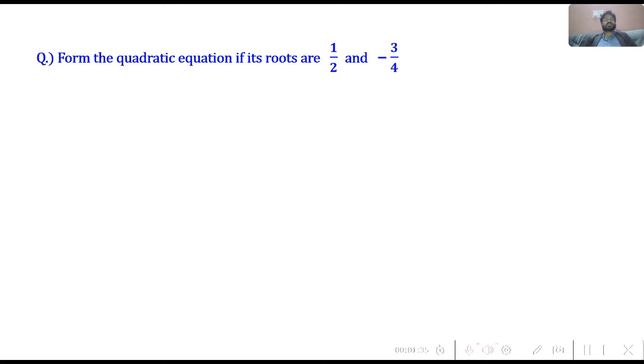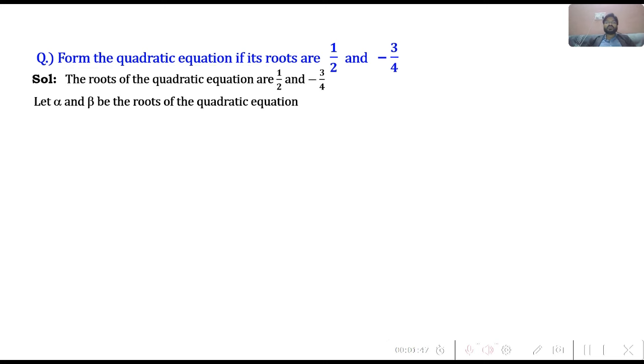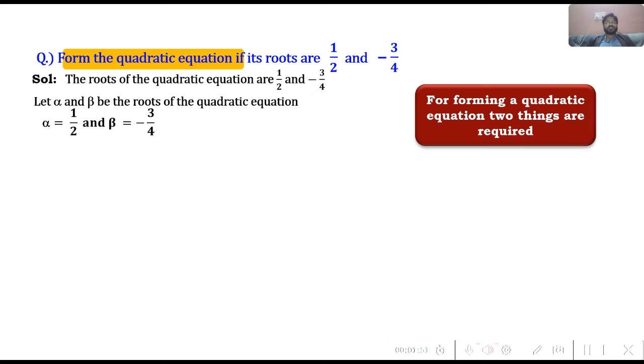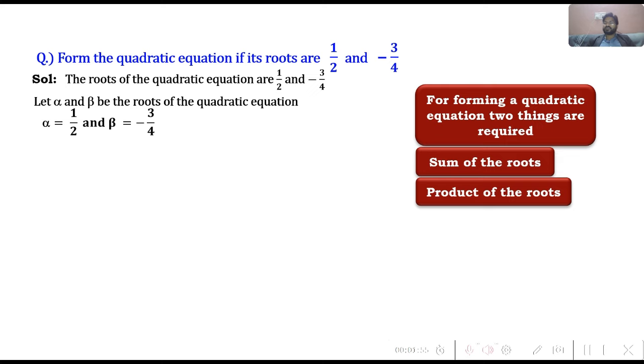Now we have the next question. Form the quadratic equation if its roots are 1 by 2 and minus 3 by 4. Consider alpha is equal to 1 by 2 and beta is equal to minus 3 by 4. Finally, for forming the equation, we have sum of roots and product of roots.